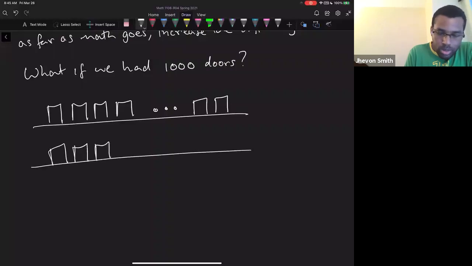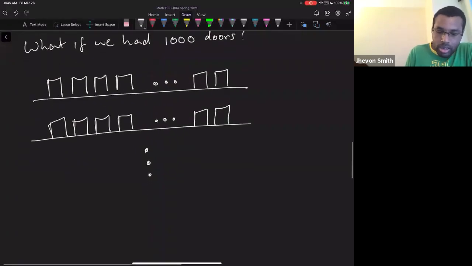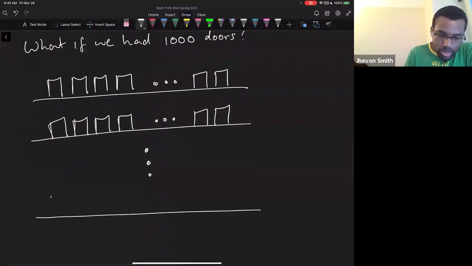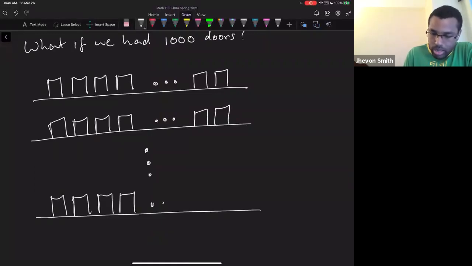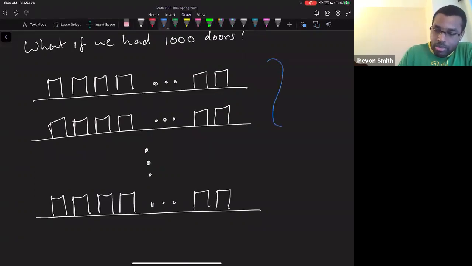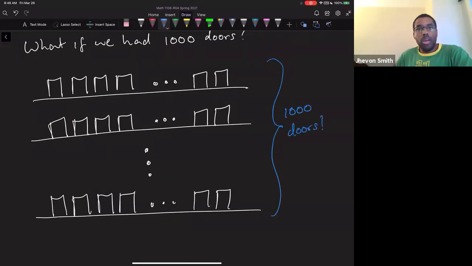You have a bunch of doors. Ultimately, now you have 1,000 doors. Now the car is behind one of them.